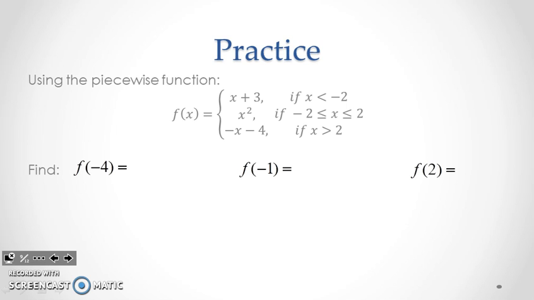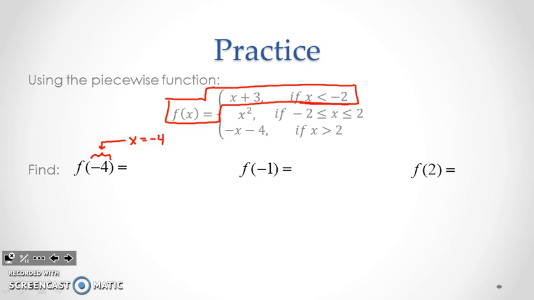Okay, again, I've got negative 4. That means that my x equals negative 4. Where would negative 4 fit in? Well, negative 4 is less than negative 2, correct? So my function that I'm going to use is f of x equals x plus 3.